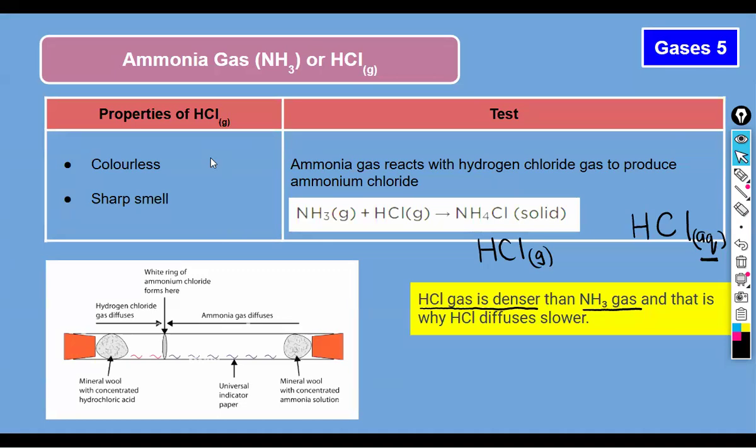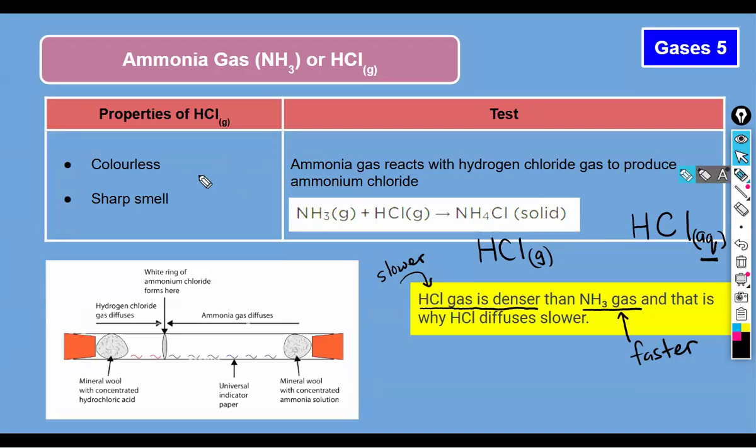Or the less dense one? Common sense would say the ammonia gas will move faster and the HCl will move slower, right?